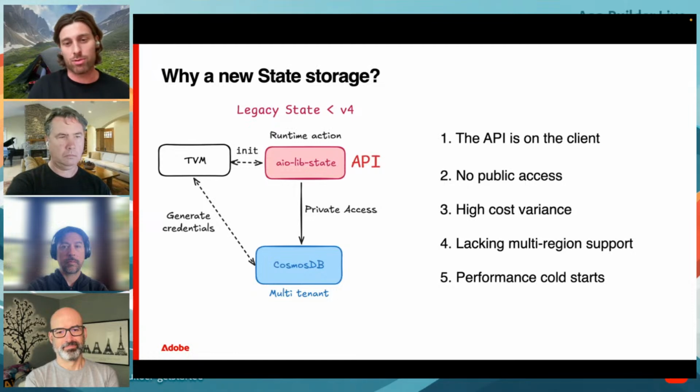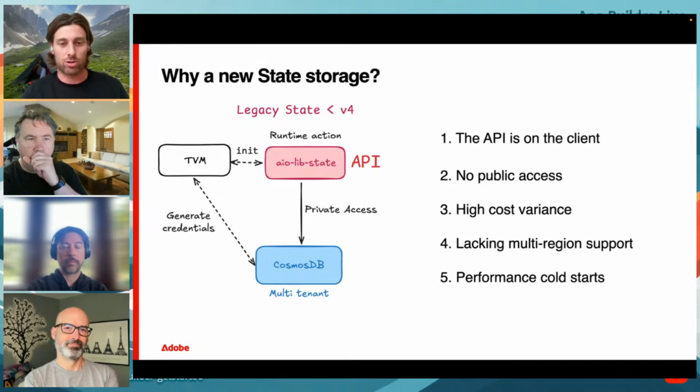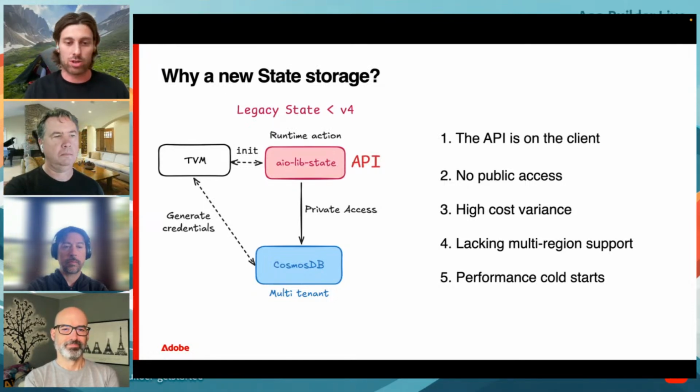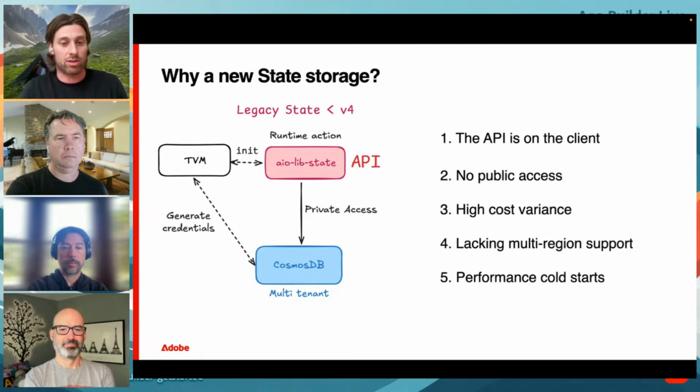This has led in the past to cost variance, where costs were going all over the place for us. And because we couldn't control the costs so well, it was hard for us to provide things like GDPR compliance by adding a Europe region, because that would mean multiplying the variance of the cost, right?